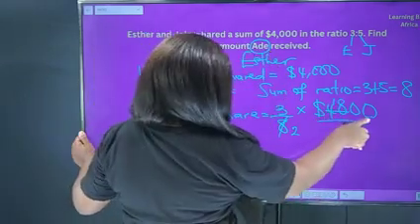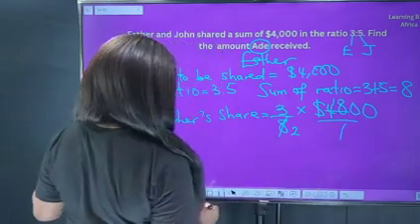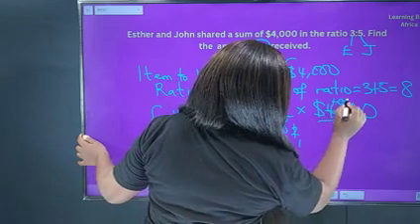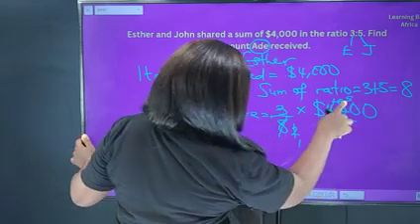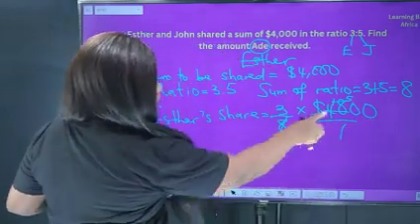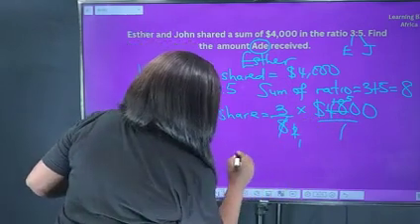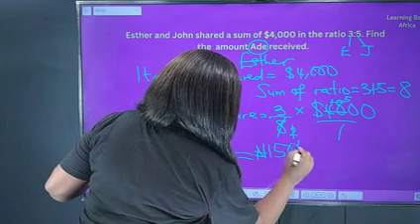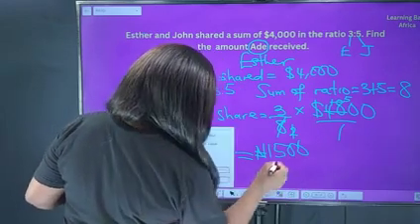We are still going to use the 2 zeros. Then 2 divides 2 is 1. 2 divides 10 is 5. So we have 500. So $500 times 3 is equal to $1,500.